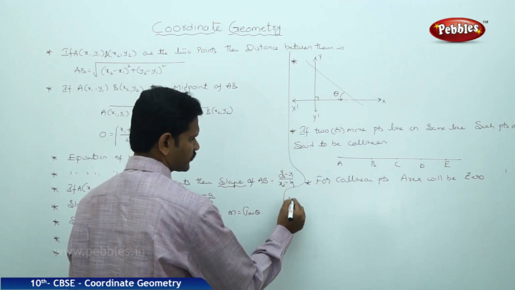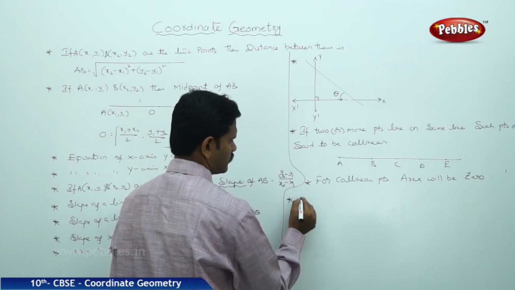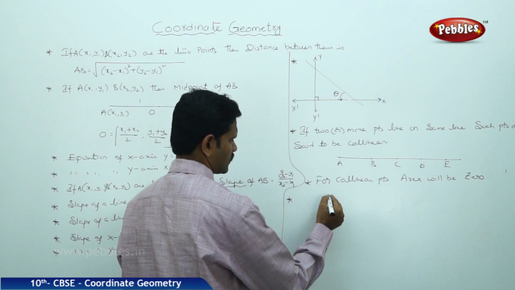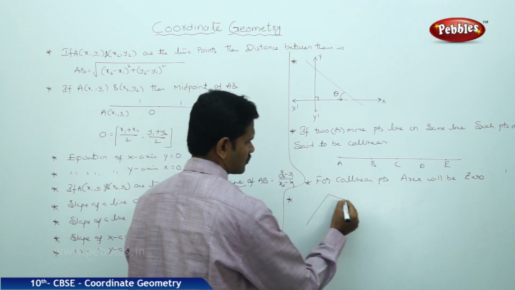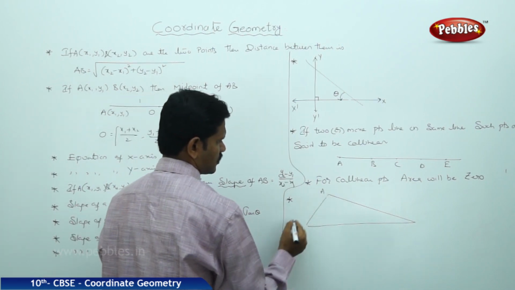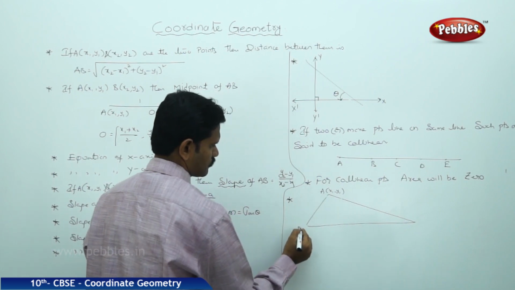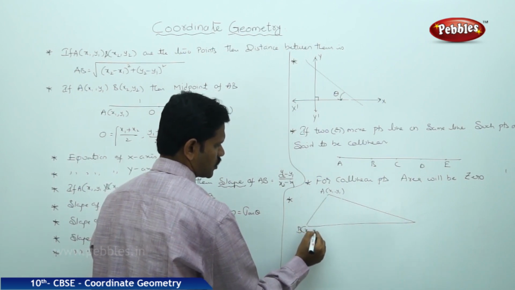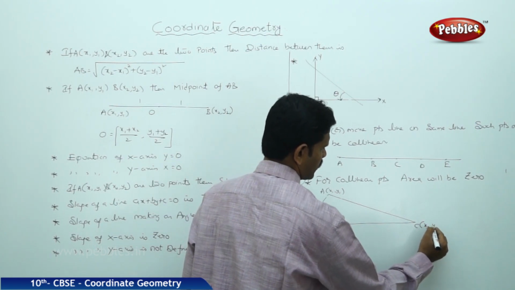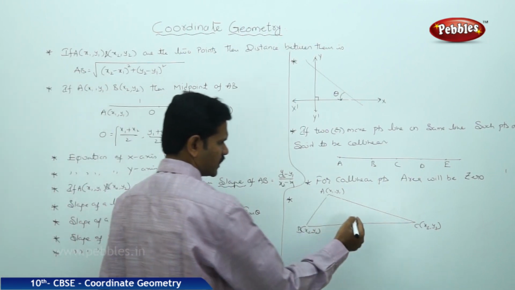Next, in triangle ABC, let us consider A(x1, y1), B(x2, y2), C(x3, y3).